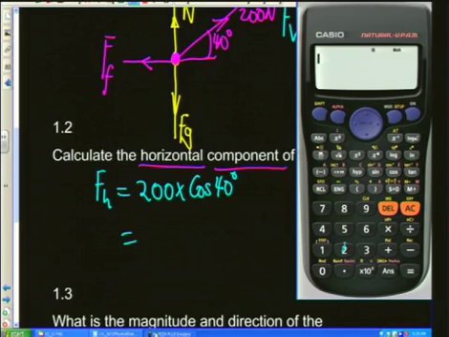Oh, what's going on with my calculator here? So I've got my 200. Oh, it doesn't want to help me here. So 200 times the cos of 40.